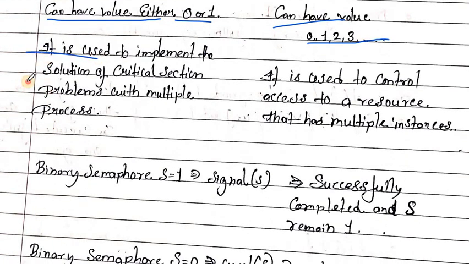The binary semaphore is used to implement the solution of the critical section problem with multiple processes.